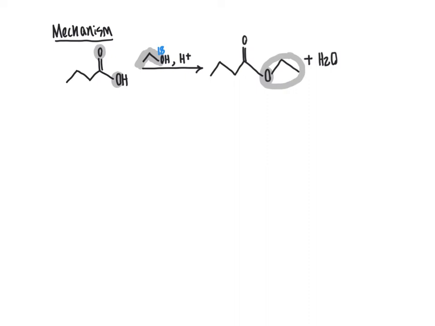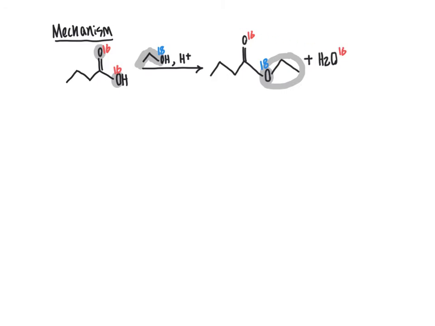So walking through the mechanism, what we would see if we evaluated our final product here is that the oxygen 18 label ends up specifically at this location of our ester product. The other oxygen atoms, here and here in our starting material, here and here in our product, carry the oxygen 16, the standard normal old isotope.